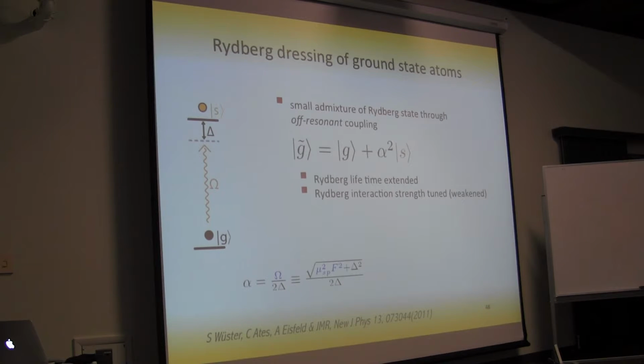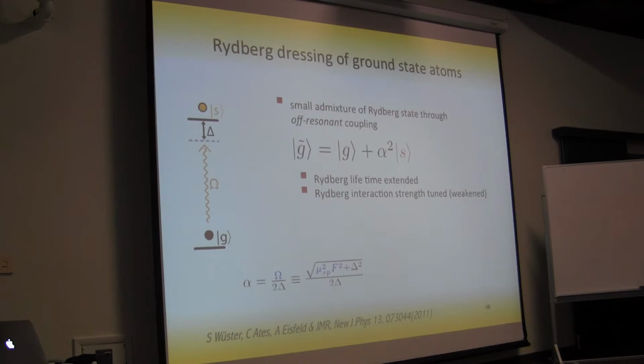The strength of this mixture can be tuned by your laser parameters, by how far away from resonance you go with your excitation and how strongly you drive the transition. And of course it depends on the dipole moment as well. But essentially you can tune the extent of your admixture.